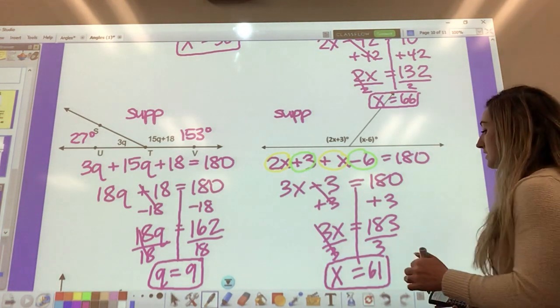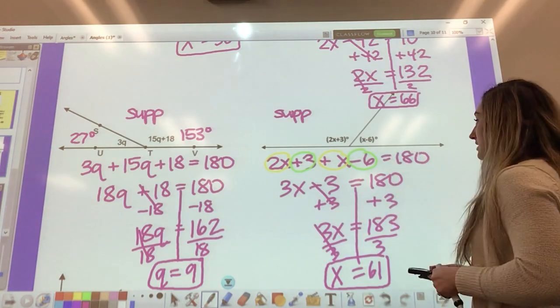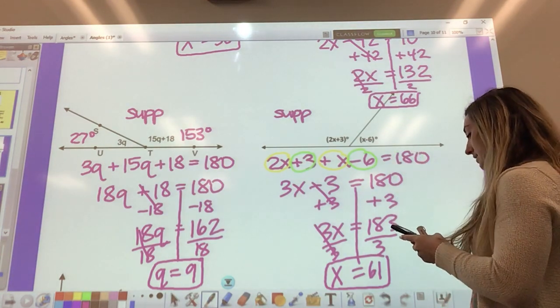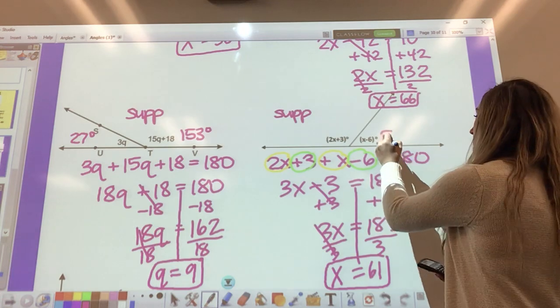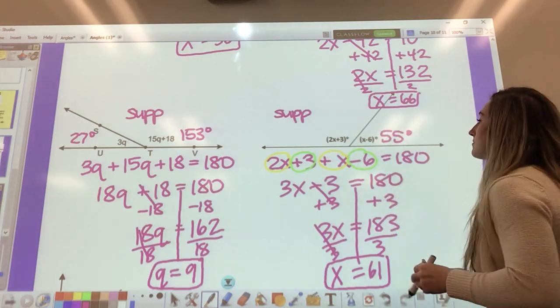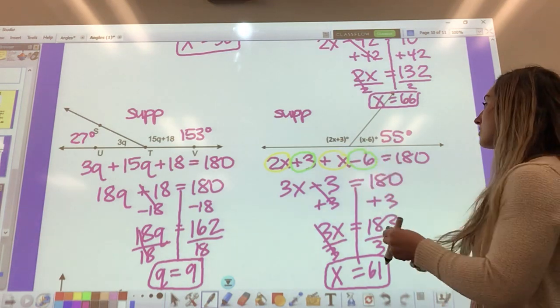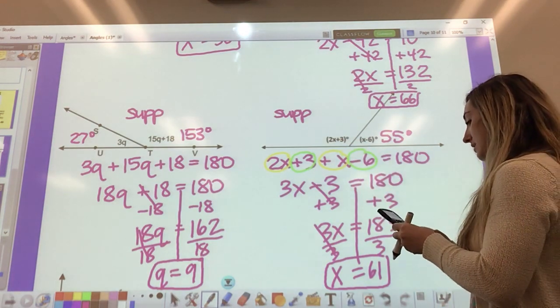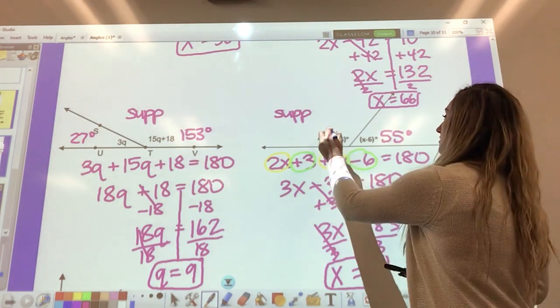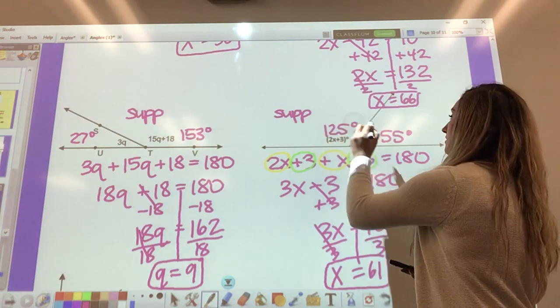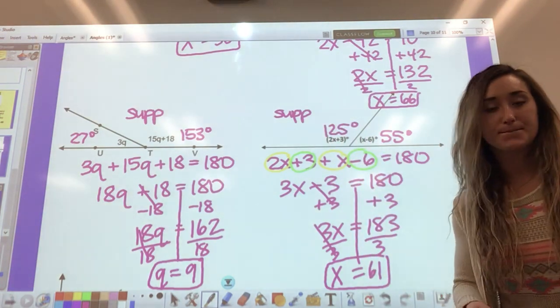So if x equals 61, that means this angle is going to be 61 minus 6, which is 55 degrees. And then this one, you could plug in 61 for x, or you can just do 180 minus 55 to get 125 over there.